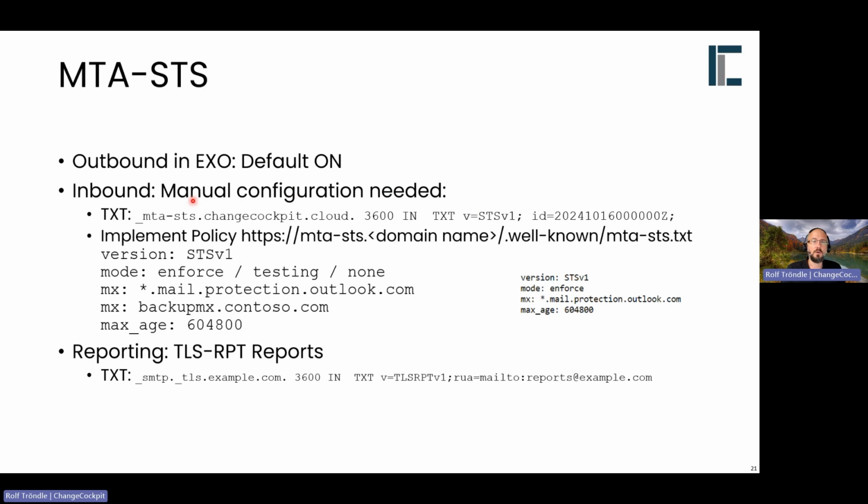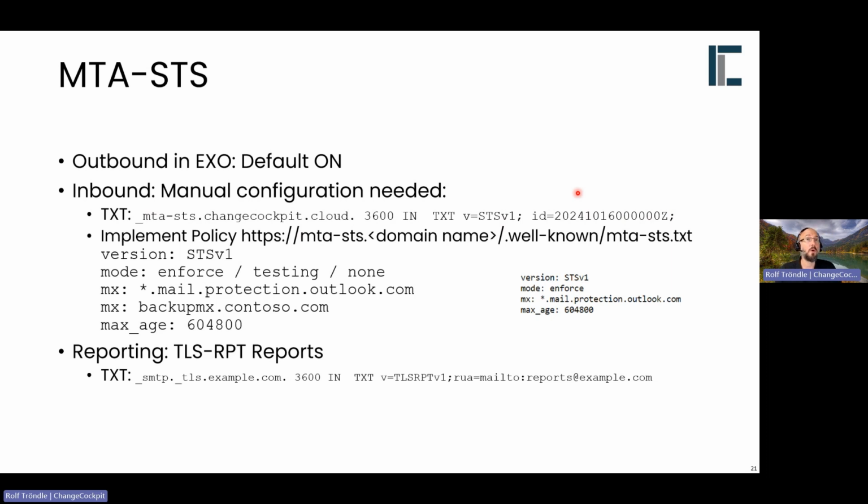You need to signal the sending server that you are supporting MTA STS using a text record called _mta-sts.changecockpit.cloud in this example for the domain changecockpit.cloud. And in there, you add v=STSv1. This is needed per RFC in this text record. And then you add the ID, the policy ID stamp.